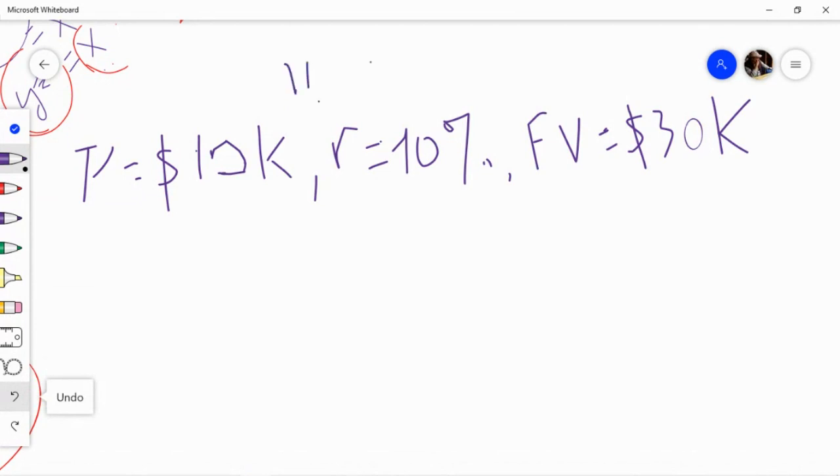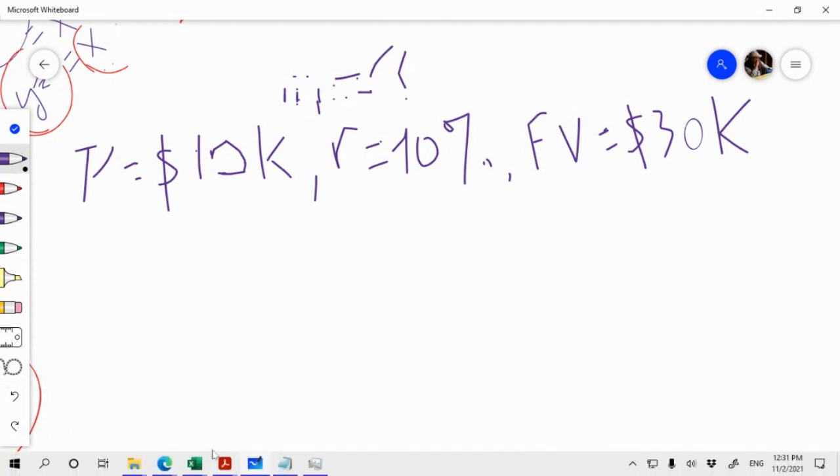So what is the problem? How many years will it take? We need to solve this equation for n. Let's start with the mother of all time value equations.